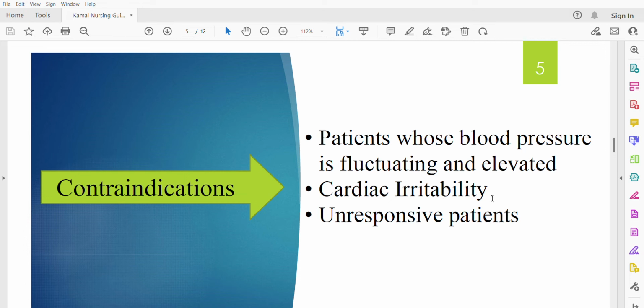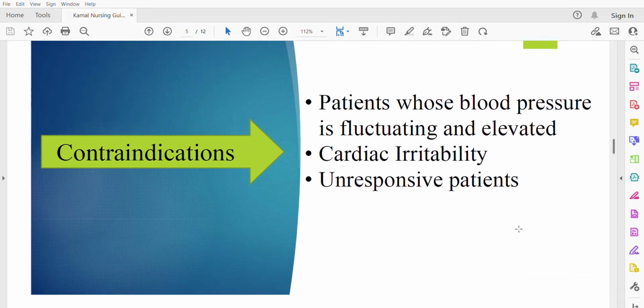Cardiac irritability, if the patient has some cardiac issues. Unresponsive patients, meaning unconscious patients, we can provide them the nebulizer therapy, but it will be according to the doctor's prescription.